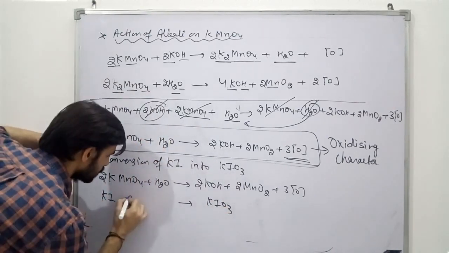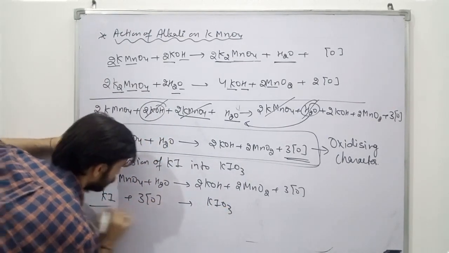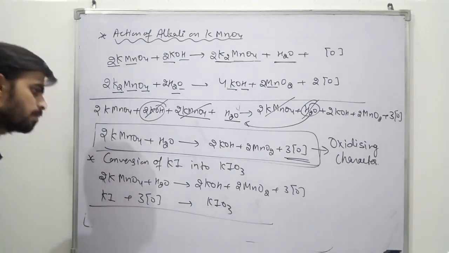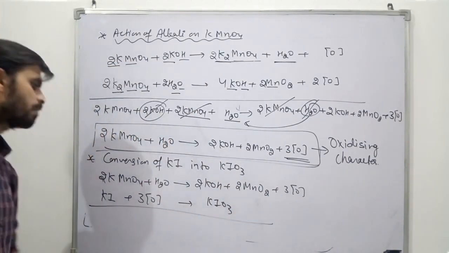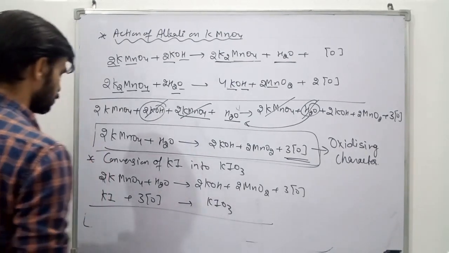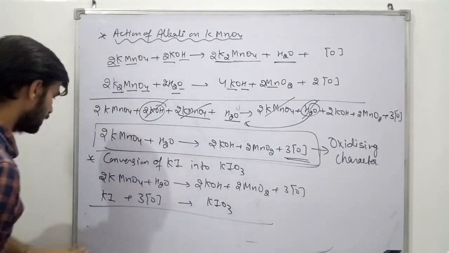We have 3 oxygen, so we have to add 3 nascent oxygen. As here we have 3 oxygen, and we also have 3 nascent oxygen, so no need to multiply anything.